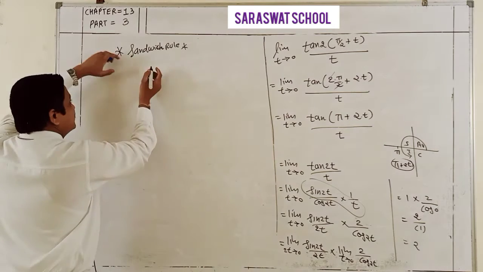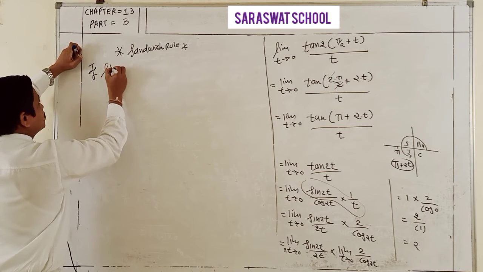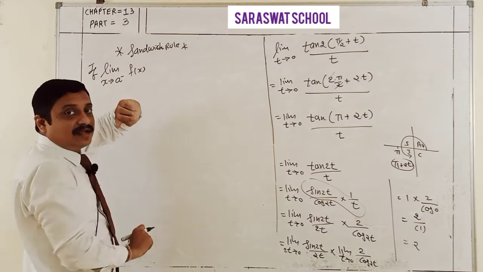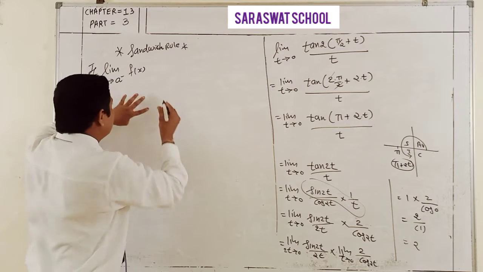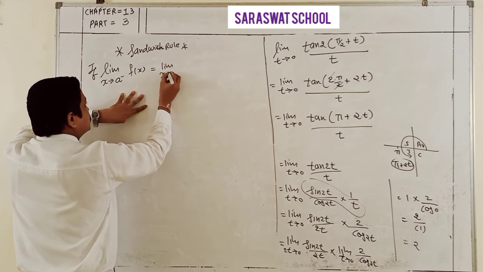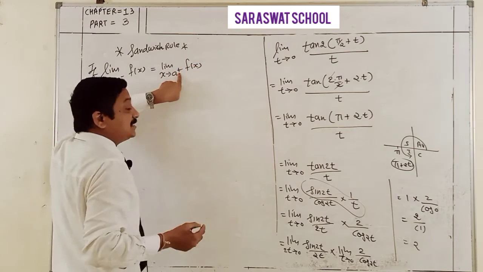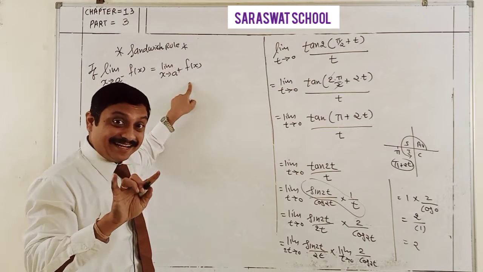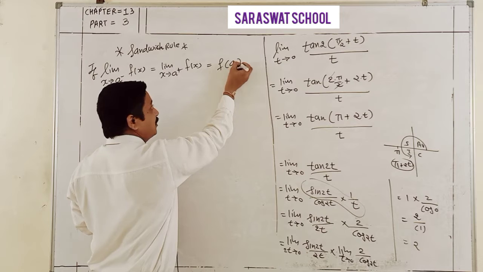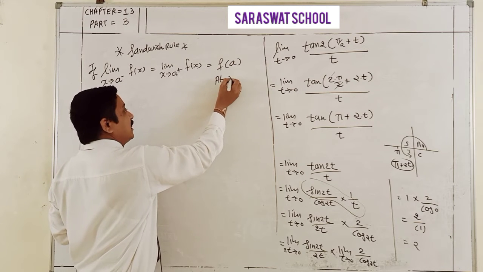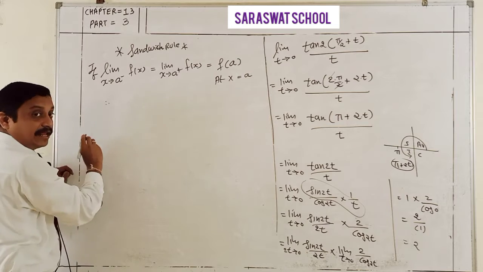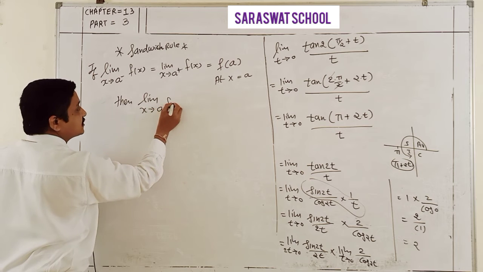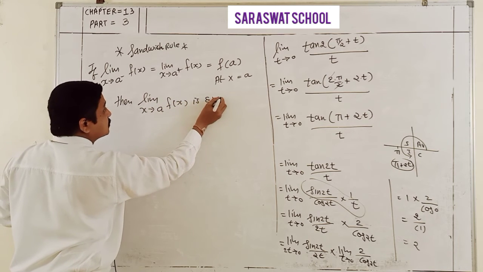Same as here. Students, if limit x tends to a negative of f(x), where minus indicates the left hand side limit, is equal to limit x tends to a positive of f(x), where plus indicates the right hand side limit, and f at x equal to a is also the same, then limit x tends to a of f(x) exists.